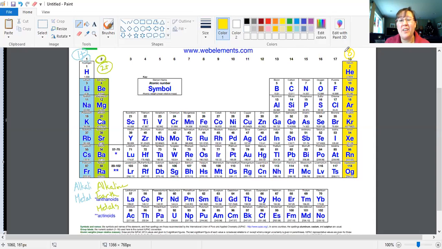You're going to hear it referred to as group 8 way more than group 18. These are our noble gases, and our noble gases do not form charges. Sometimes you can get the bigger ones to form molecules, but they're rare, and they do not form ions. They do not gain or lose electrons ever.